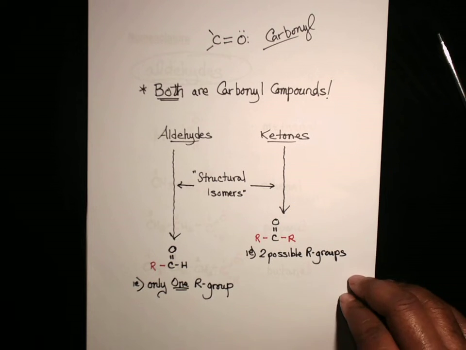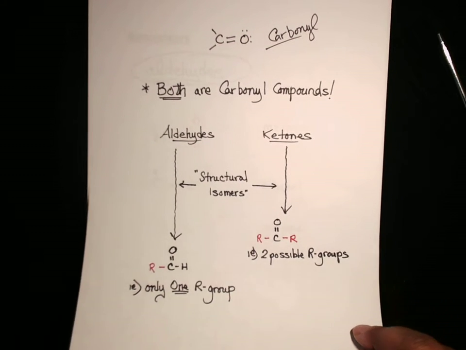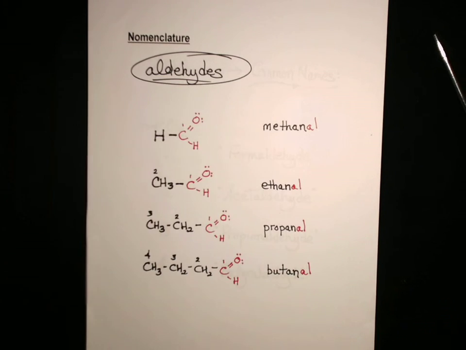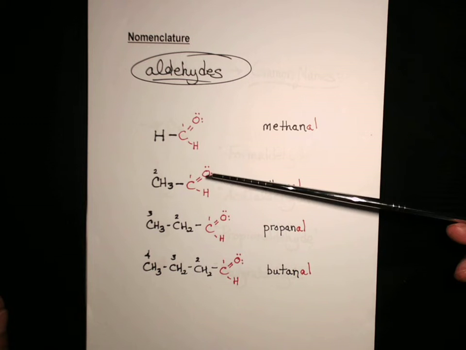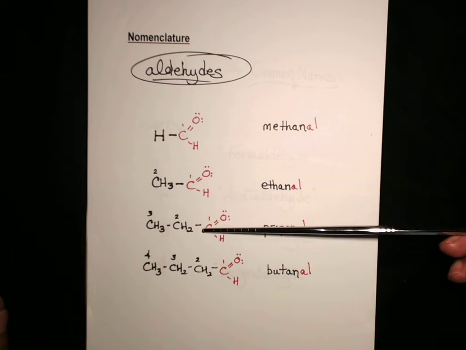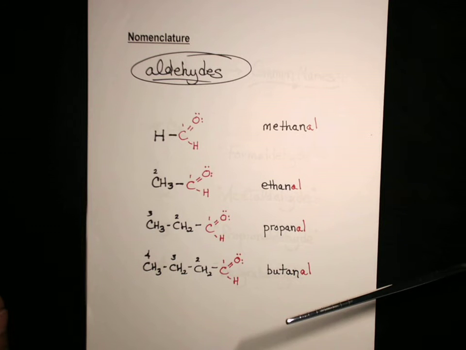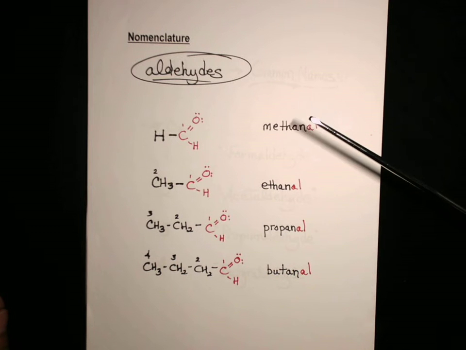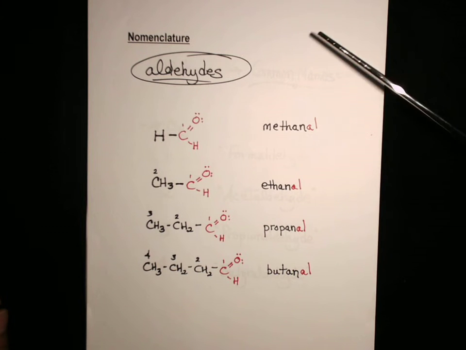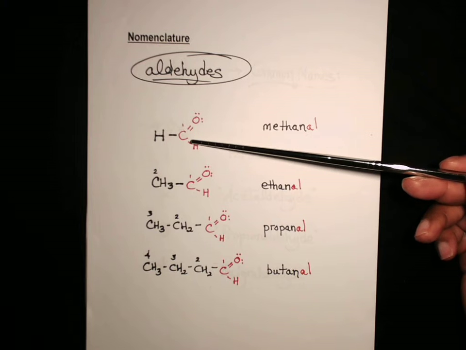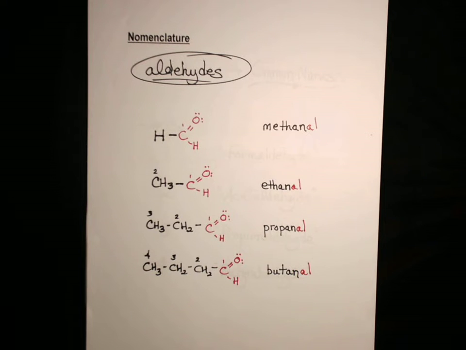So let's talk a little bit about nomenclature, and we're going to start with aldehydes. So here I have 4 examples of aldehydes. There's the carbonyl carbon on the end. And if we were to compare an aldehyde to just a simple alkane, you notice with my first example, I have just a single carbon.